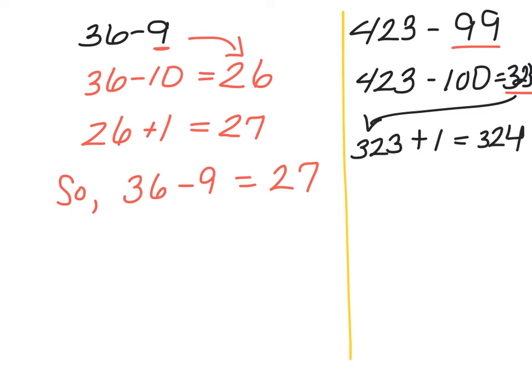So in other words, going back to our original problem, 423 minus 99 gives us 324. So this is a strategy that you can use if you think you are comfortable with. You can use friendly numbers to subtract.